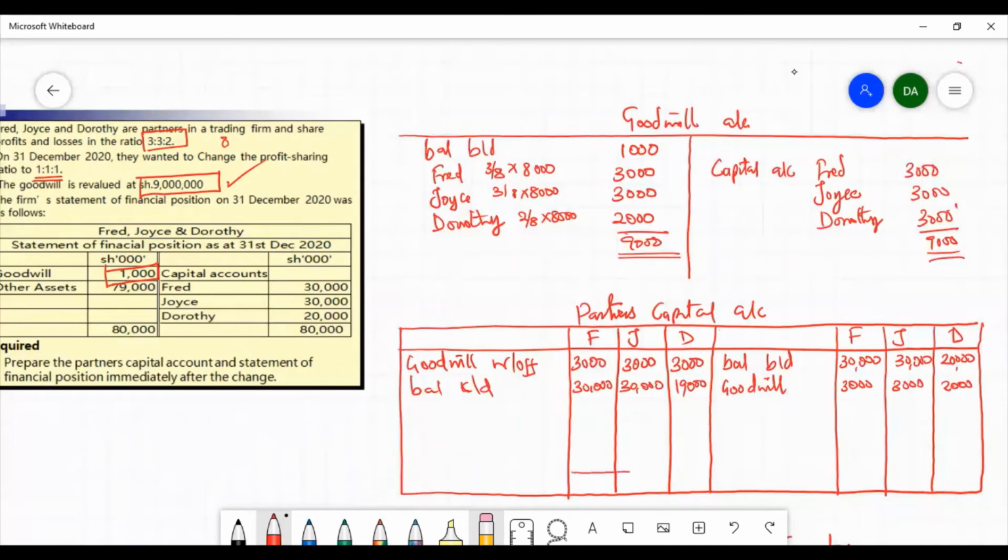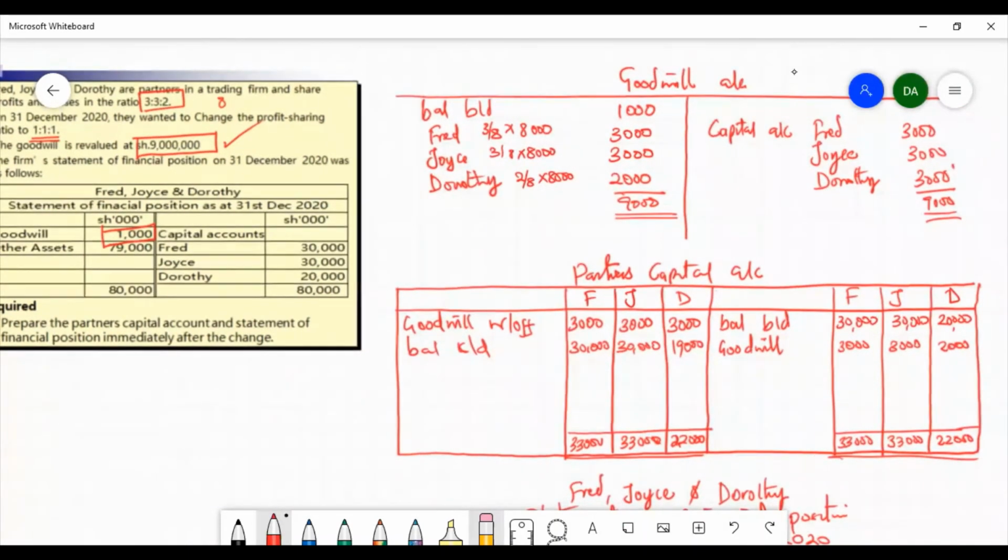The total here is 33 million, 33 million, and 22 million. That is how to prepare the partner's capital account and the goodwill account.